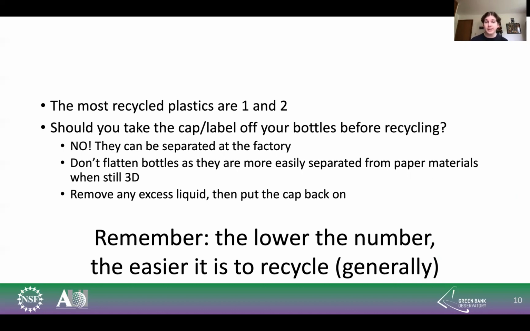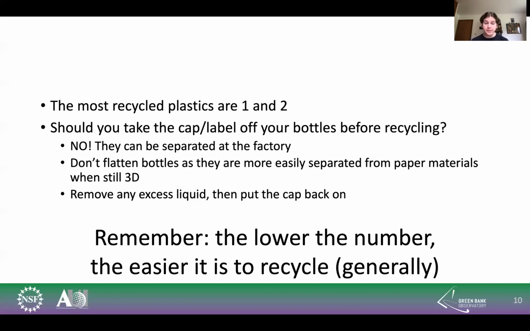Remove any excess liquid, rinse them out if necessary, but then put the cap back on, and don't flatten the bottles before you put them in your recycling containers. This is because systems for recycling and filtering have actually drastically improved, and they will cut up the plastic bottles into tiny pieces, and then using a water bath, they can separate the plastic of the bottle from the separate type of plastic from the caps.